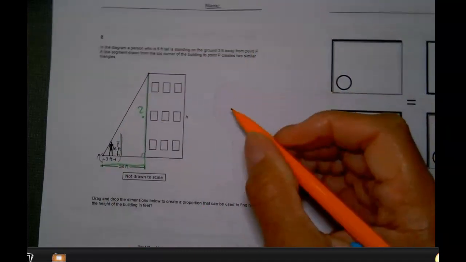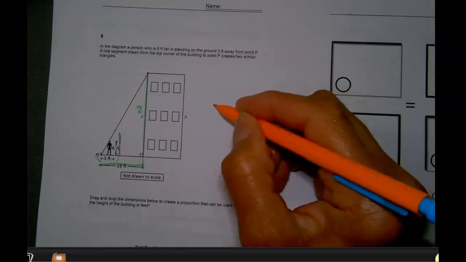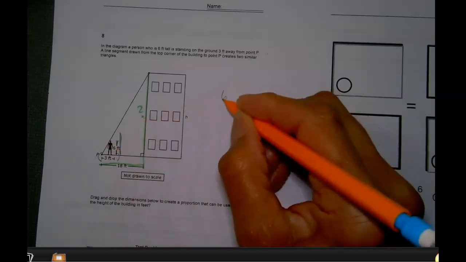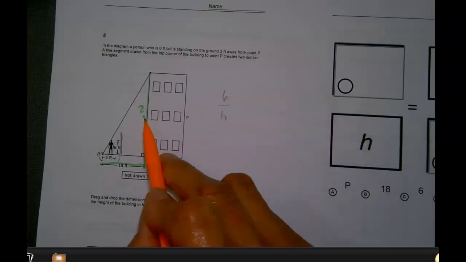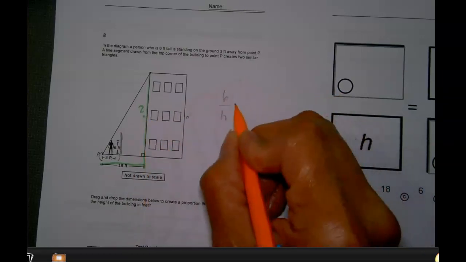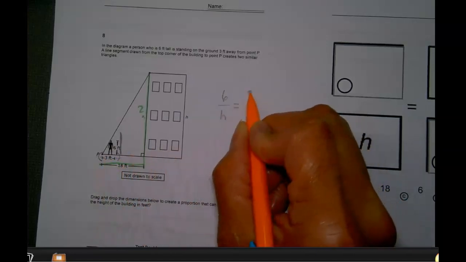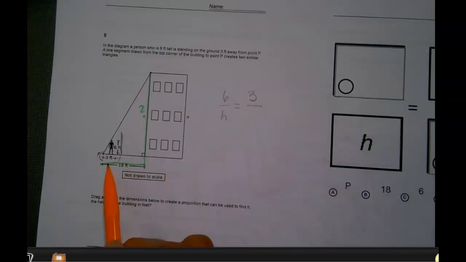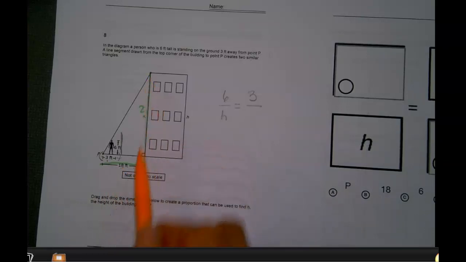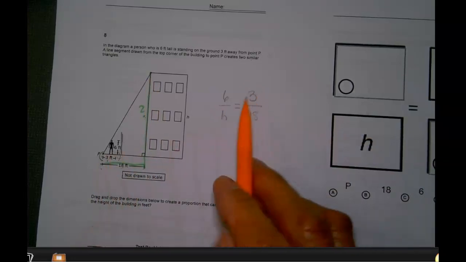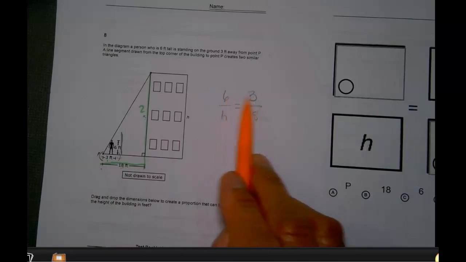So then I know that if I'm looking at this figure, I know that 6 over the height, which is not known, but I do know that what he's standing on to 3 feet to the point P, so then that is 3 feet to the point P. So then that means that this similar figure would be 18 to the P. So now we can kind of maybe work backwards.